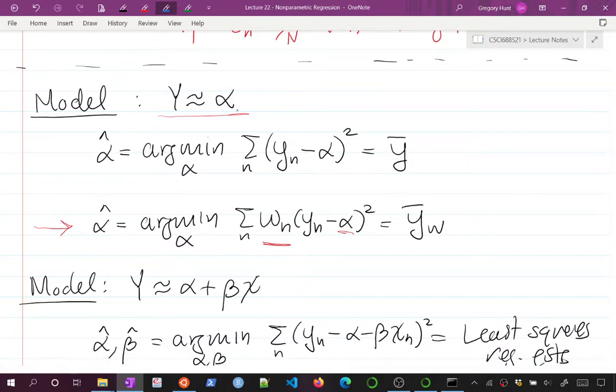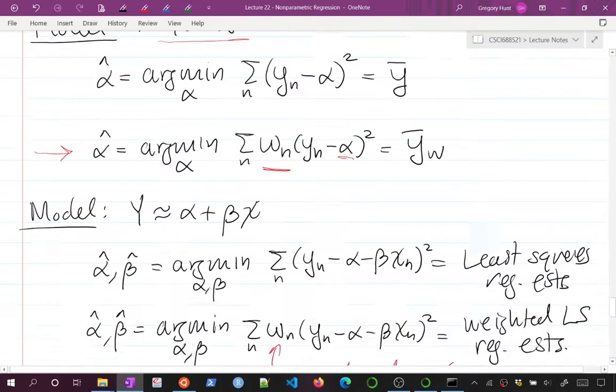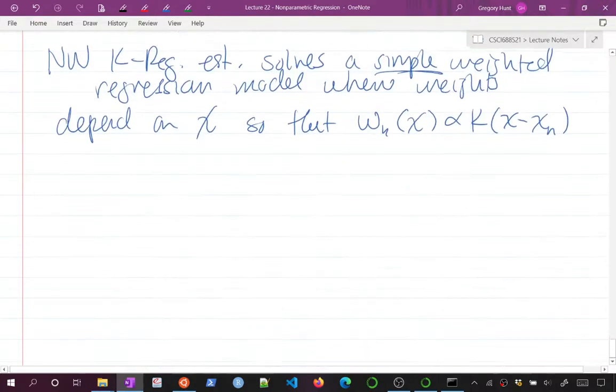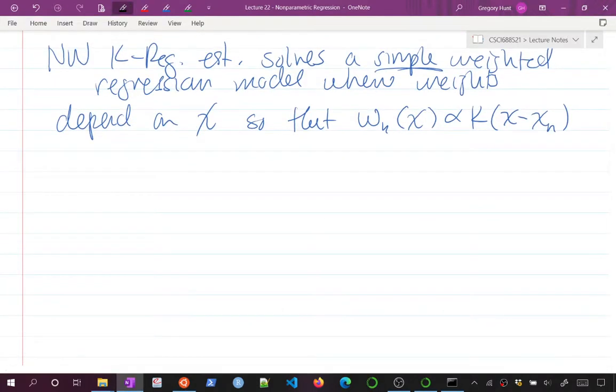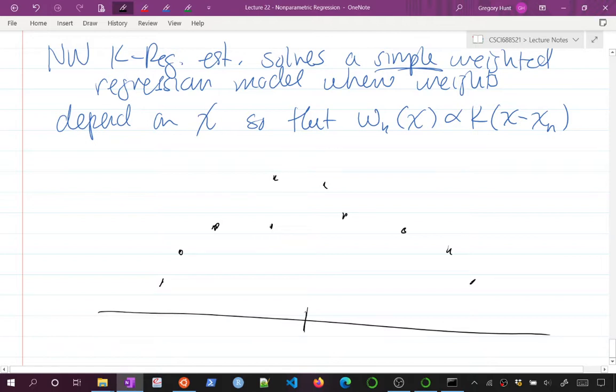If I have some data points, maybe they look like this, and here is my x. What am I going to predict as my f hat of x? I'm going to fit an average, and my average is going to be weighted. These are my y's here.